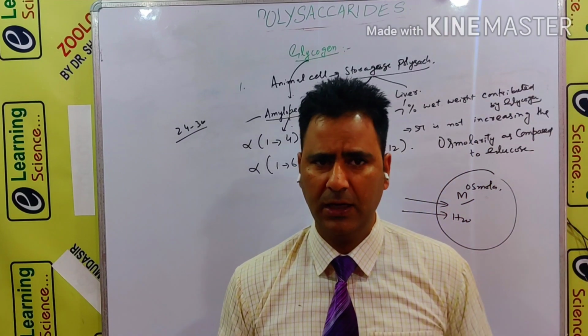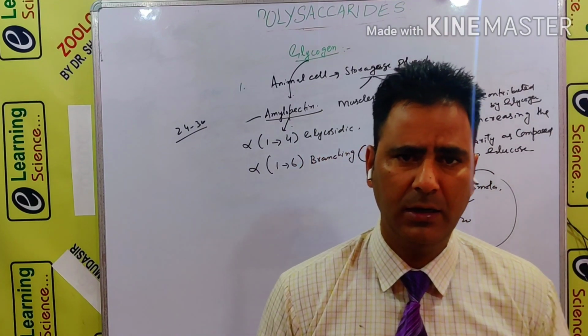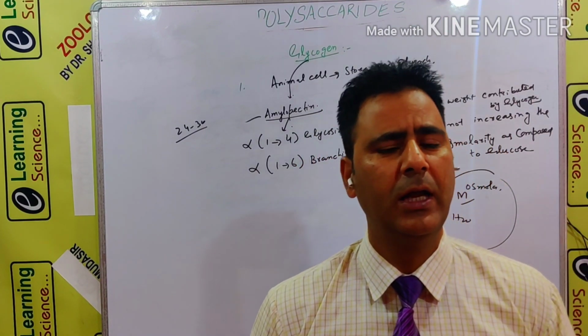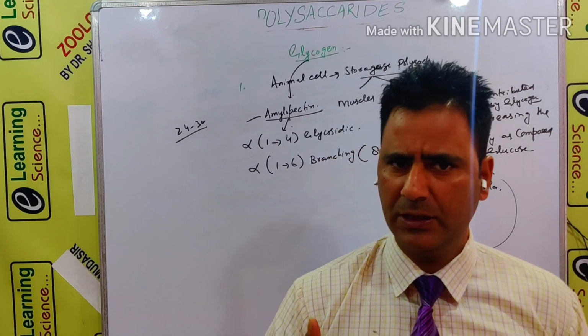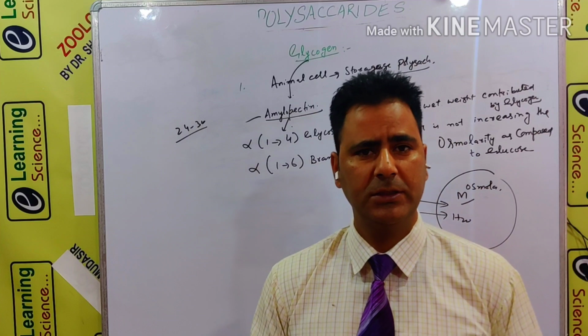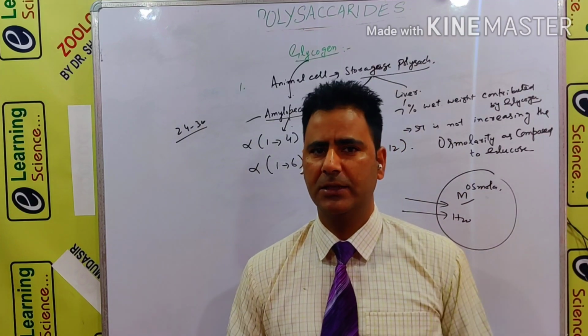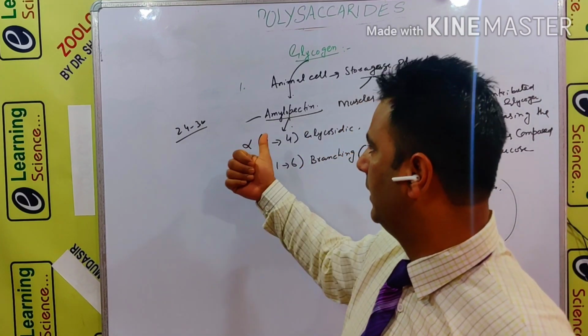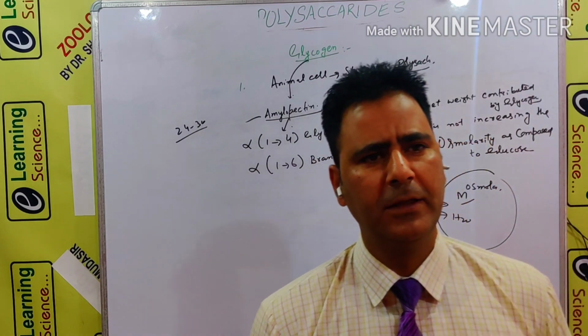So the branch points are repeating many times after an interval of 8 to 12 monosaccharide units in case of glycogen. So this is the second thing.